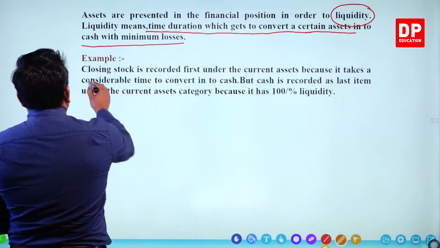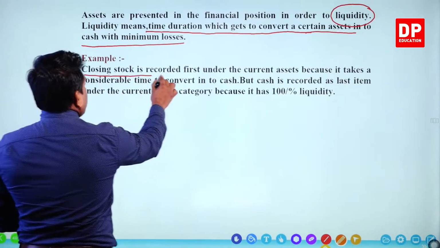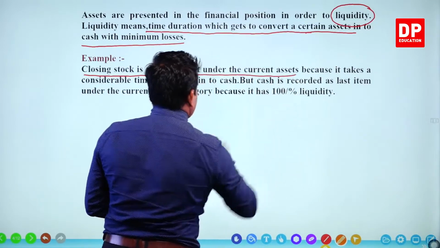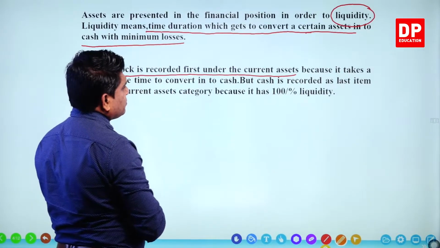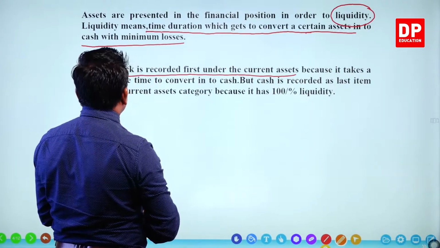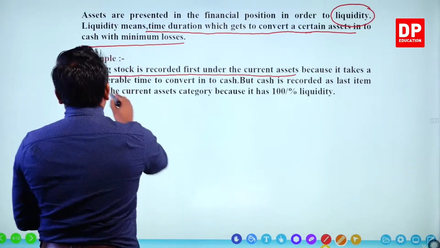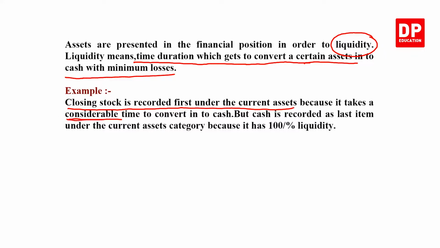Example, closing stock is recorded first under the current assets. Under the current assets, because it takes considerable time to convert into cash. But cash is recorded as the last item under the current assets category because it has 100% liquidity.